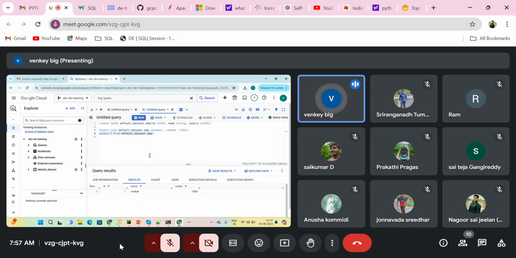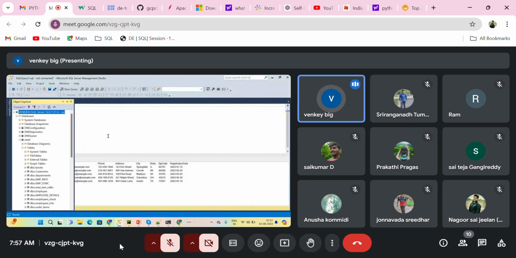So first let us understand what a dataset is. In SQL Server, you remember we created multiple databases internally. We created one database for retail, one database for customers, or one database for test.